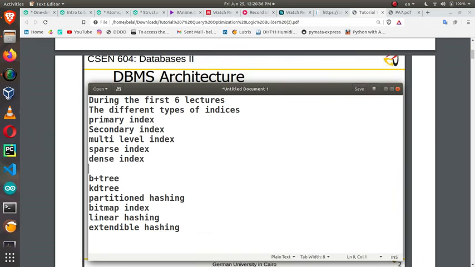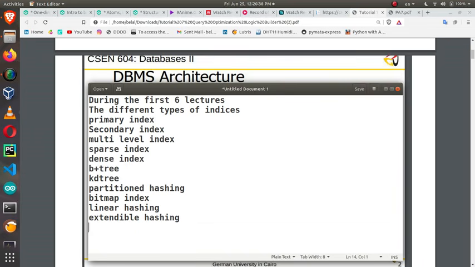Okay, and these were intended for relational databases. We have learned about 2 special data structures for spatial databases, which are R trees or region trees, okay, and quad trees.